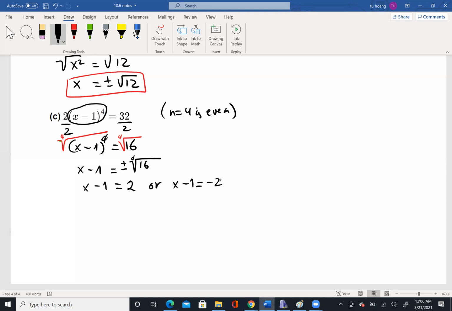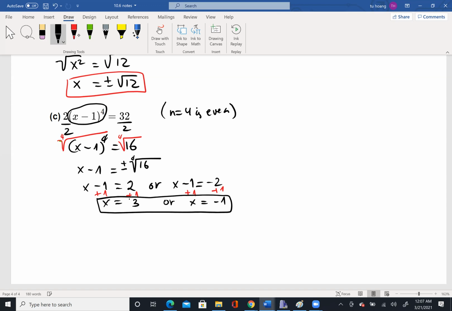And you're going to add 1 to both sides, and you're going to have x equal to 3 or x equal to -1. So that will give me the answer.